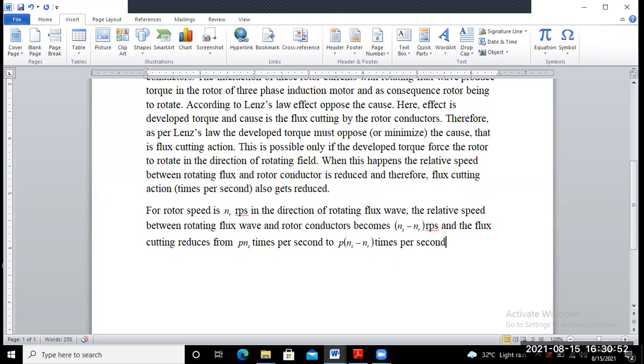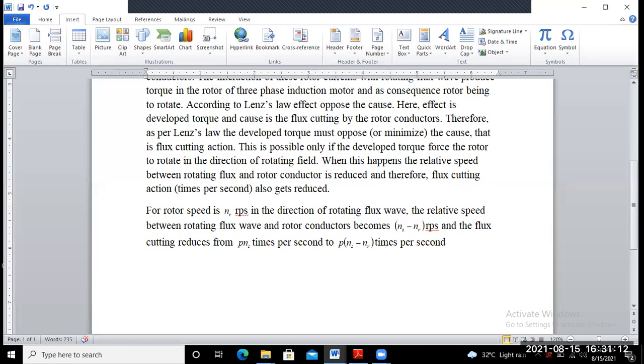No. This is as demanded by Lenz's law. Lenz's law's statement is also this: the effect always opposes the cause. So what is the effect here? The effect is the production of torque, and the cause is the flux cutting action.